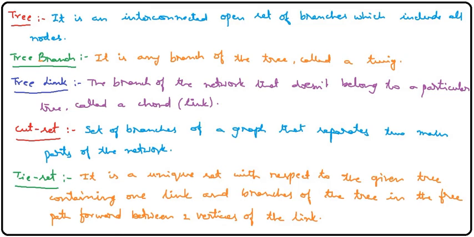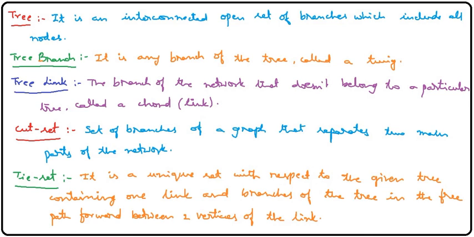The next one is a very important thing, cut set. Cut set means a set of branches of a graph that separates the network into two main parts. Then what does it mean by tie set?